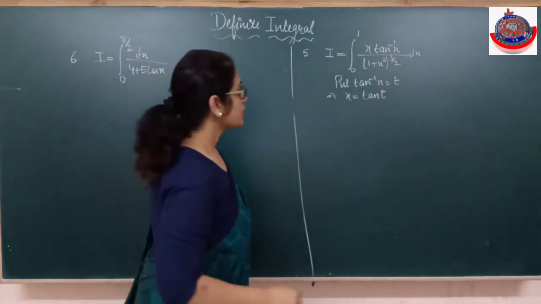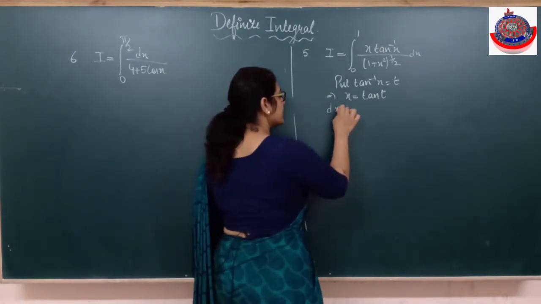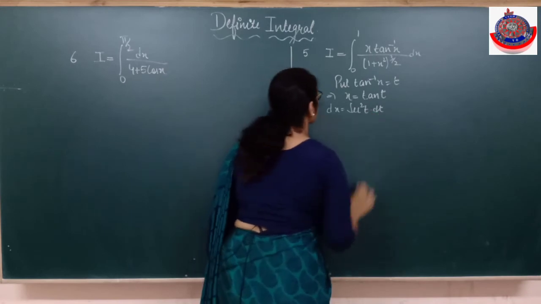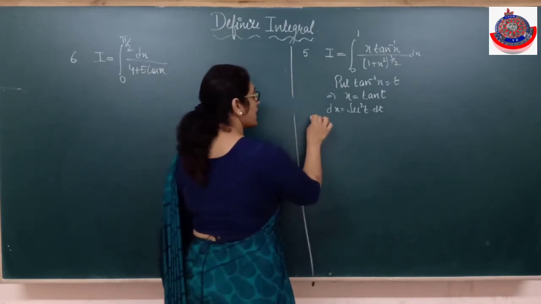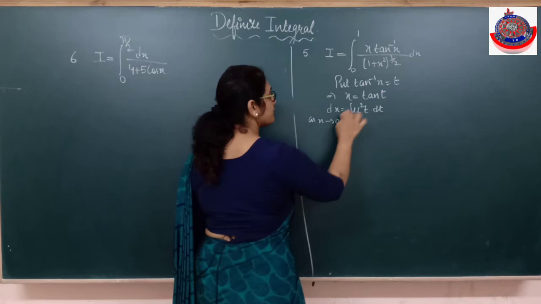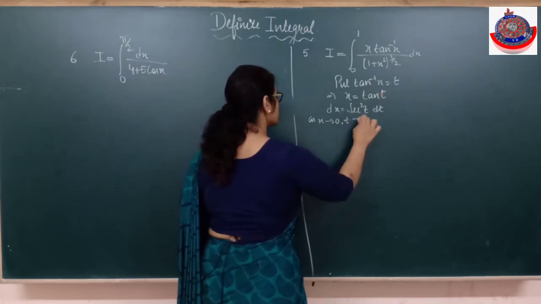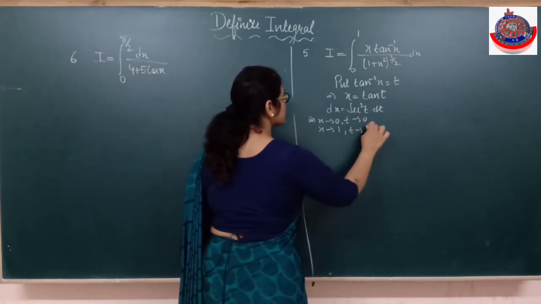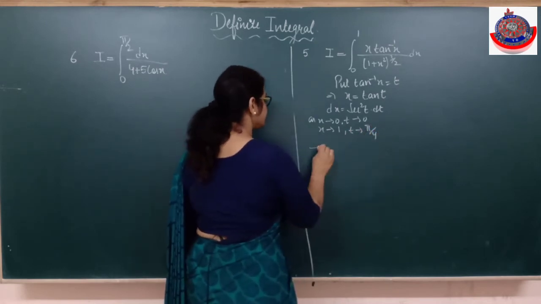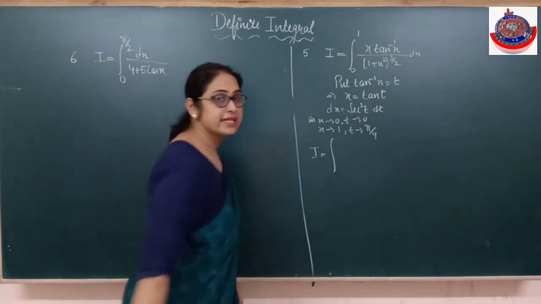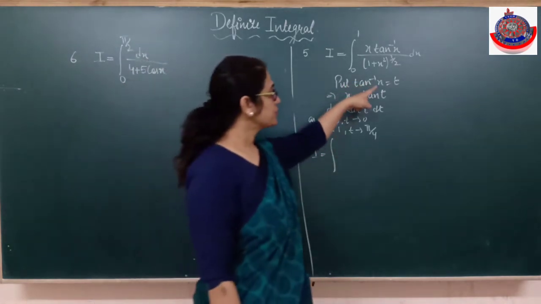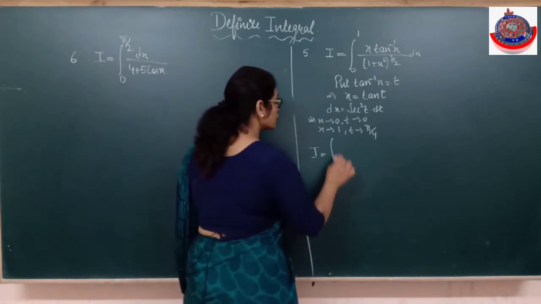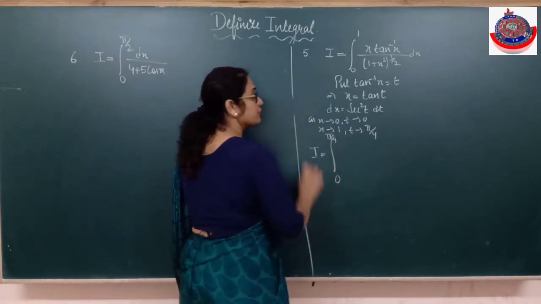Clear? So now differentiate. dx is secant square t dt. Limit also. As x approaches 0, if I put here tan inverse 0 would be t, so t also approaches 0. As x approaches 1, t will approach tan inverse 1, which is pi by 4. Clear? That's for sure we know. Tan inverse 0 is 0, tan inverse 1 is pi by 4. So my limit has now become 0 to pi by 4.